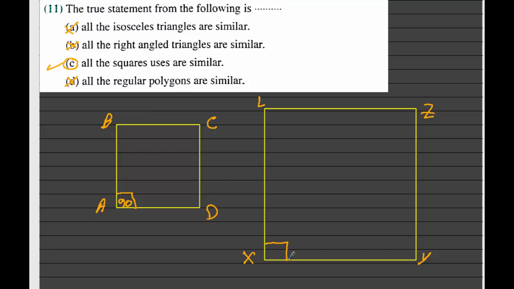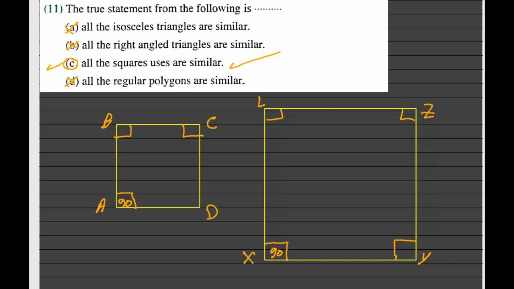Here is 90, and so on. So the corresponding angles are equal in measure, each equal 90, and the corresponding sides are proportional. So all the squares are similar. So the true statement is all the squares are similar.